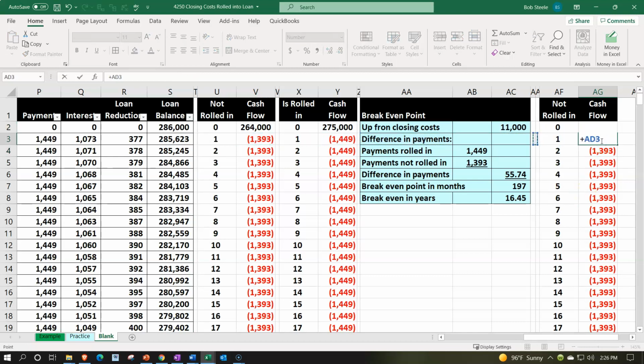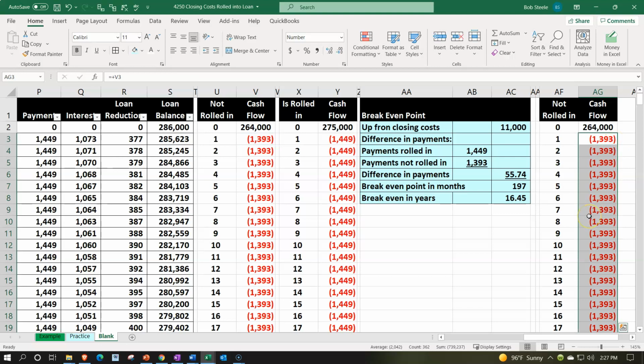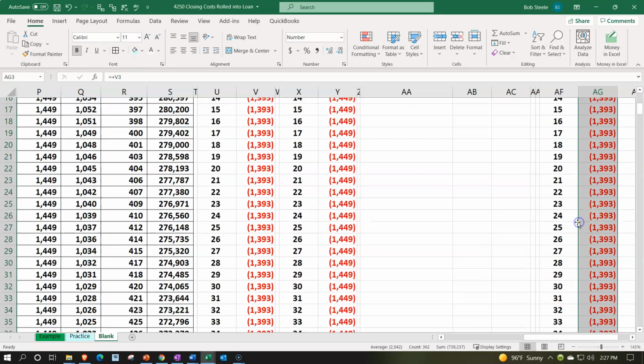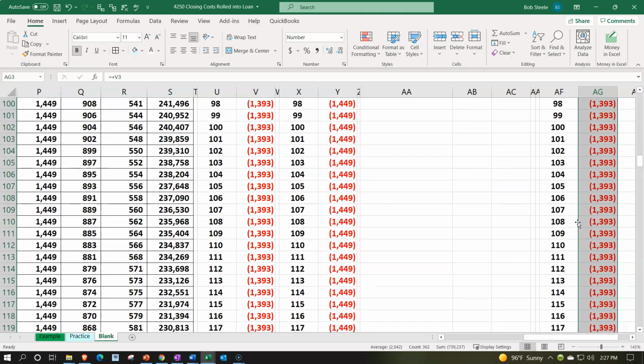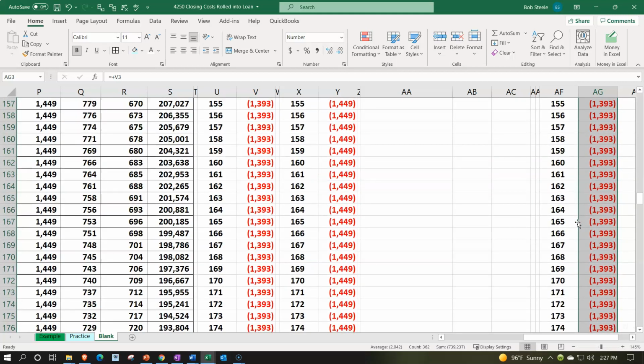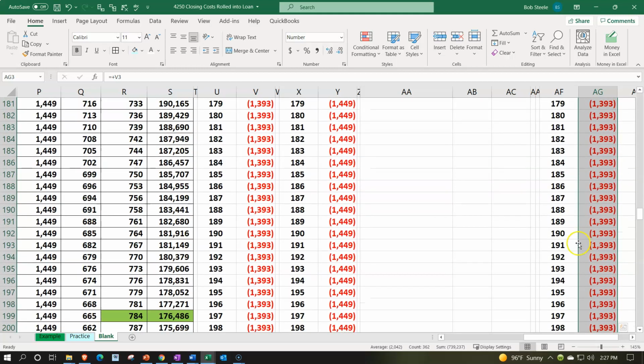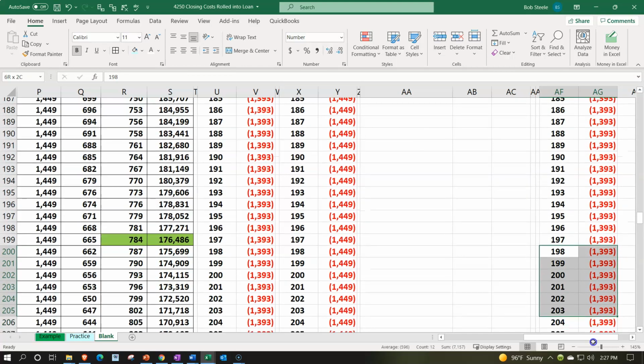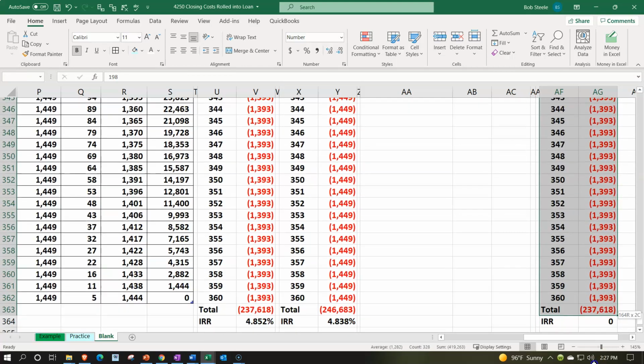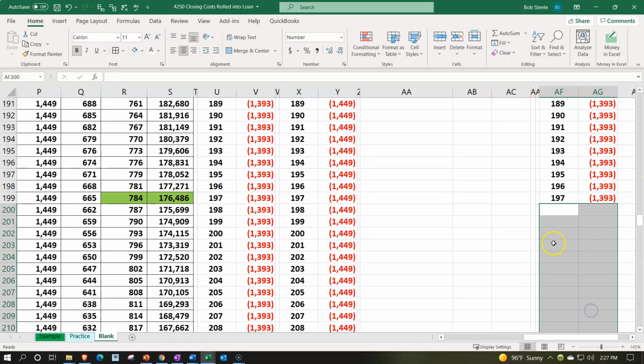Not negative, but that. And then I'm going to copy that down, and we're just going to stop it now at 16 or 197. So at 197 down here, scrolling down to 197, right there, we'll delete everything underneath that and say that's going to be our starting point.